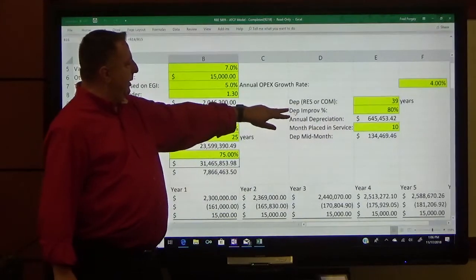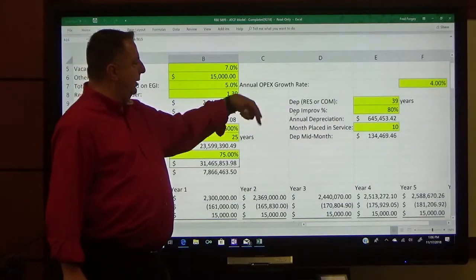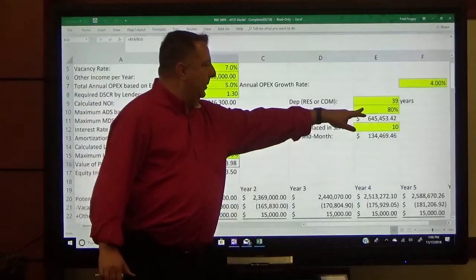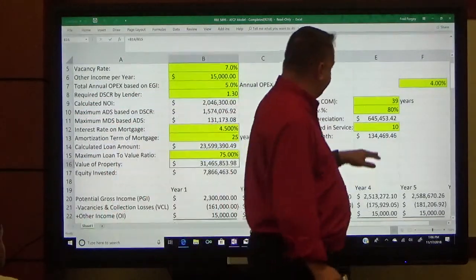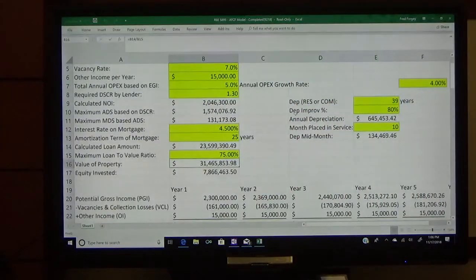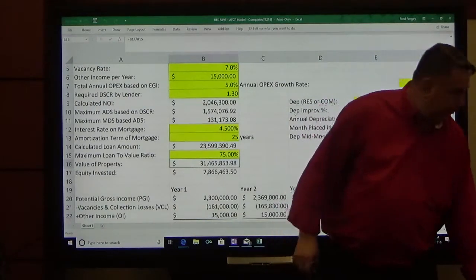The depreciation is based upon the improvements, which are 80% of the overall value. The land value is 20%, for an overall value of 100%. Does everybody understand that?